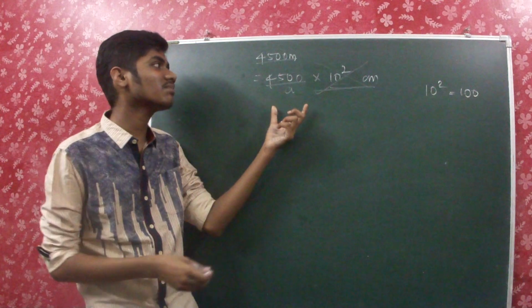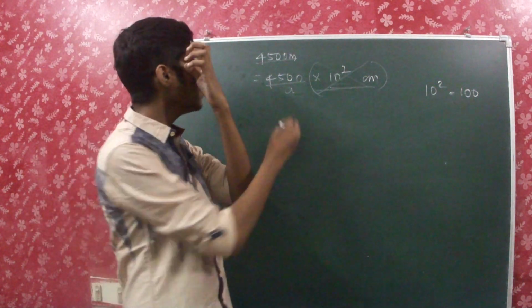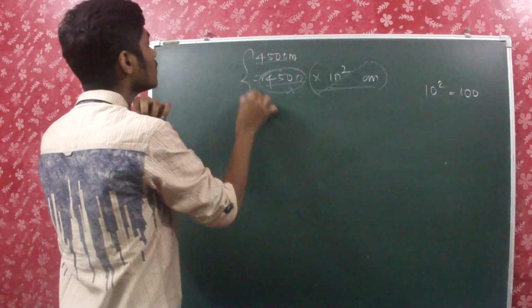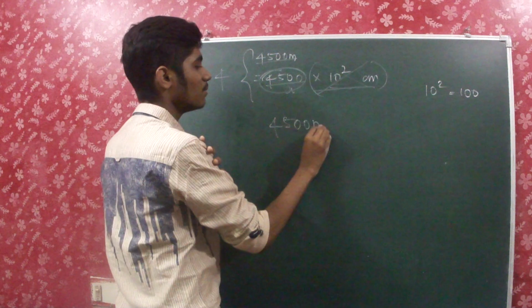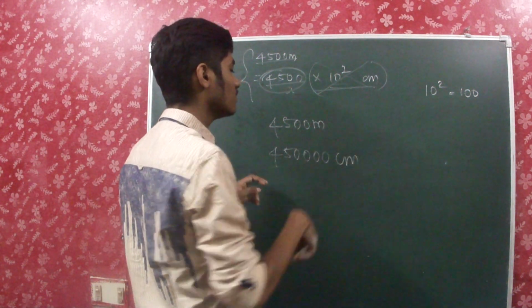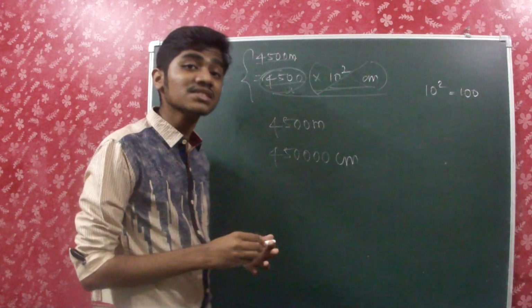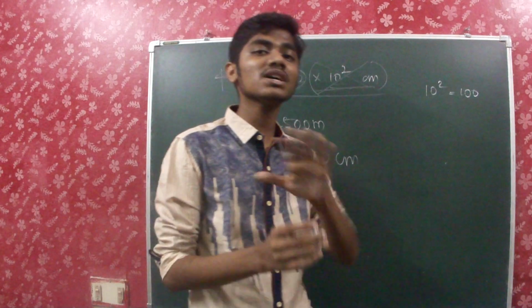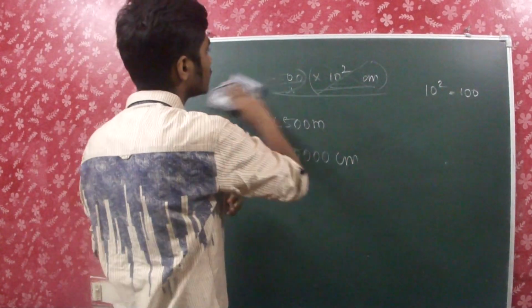So here I am telling you that you can leave this term completely because it's an exponential term and you can do only with this. So in both of these terms there is only 4. Whereas if you do it with normal 4500 meter, then for 450,000 centimeters, all these confusions come. So this is why we must write numbers in scientific notation so as to avoid confusion in measuring the number of significant figures.